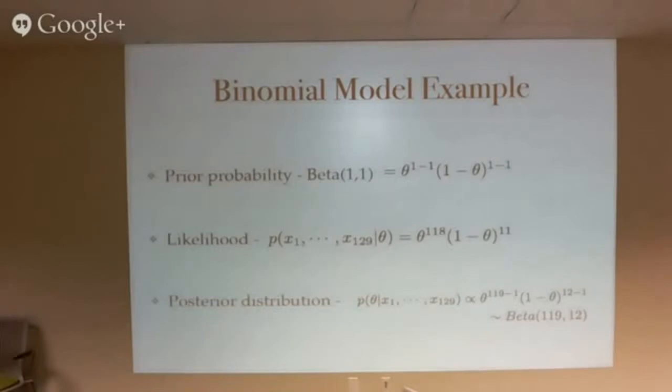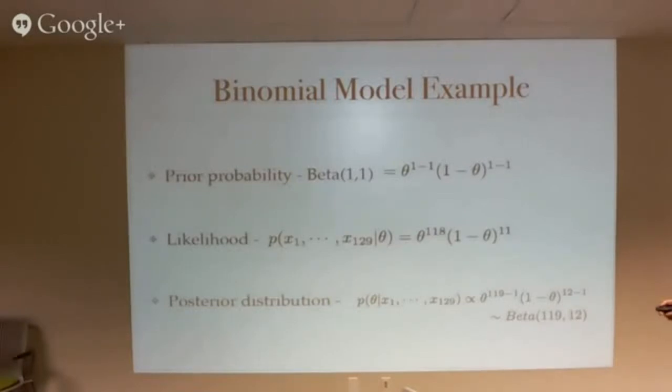And so the posterior distribution, we use the prior times the likelihood, and we get the beta distribution, which is 119, and the other one is 12.